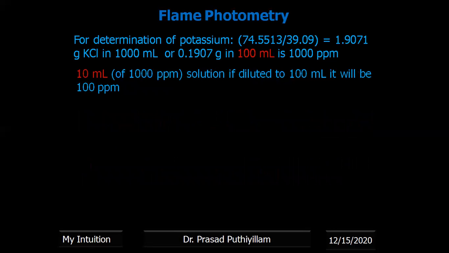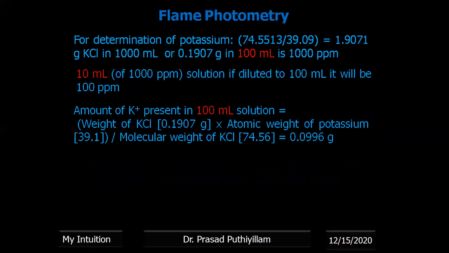For determination of potassium, we made the 1000 ppm, then further we prepared the 100 ppm solution. Therefore, the amount of potassium present in the initial 100 ml that we prepared is the weight of KCl, 0.1907, multiplied by the atomic weight of potassium 39.1, divided by the molecular weight of potassium chloride 74.56.